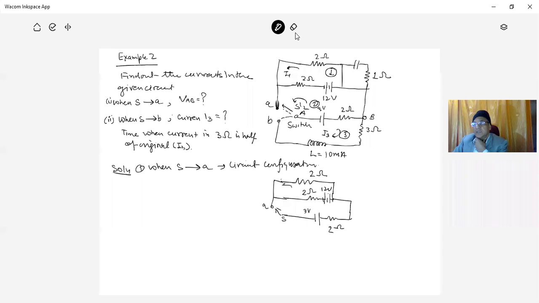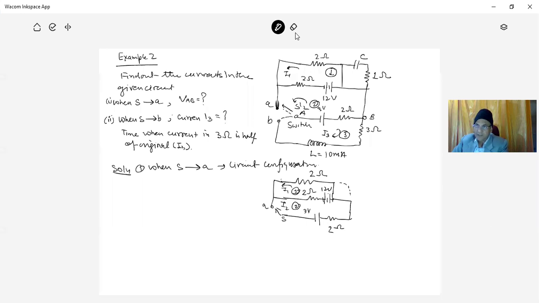So this is the current I1. Here it is current I2, and there are basically two meshes. In this case, the capacitor provides infinite impedance for the DC supply. Therefore, this part is disconnected, so there is no need of this capacitor and 1 ohm resistance in this circuit.